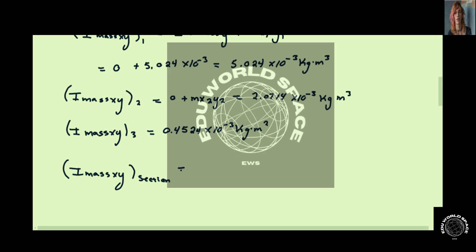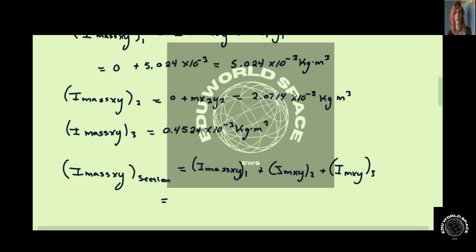And it's just going to be I m x, y 1 plus m x, y 2 plus inertia x, y 3.